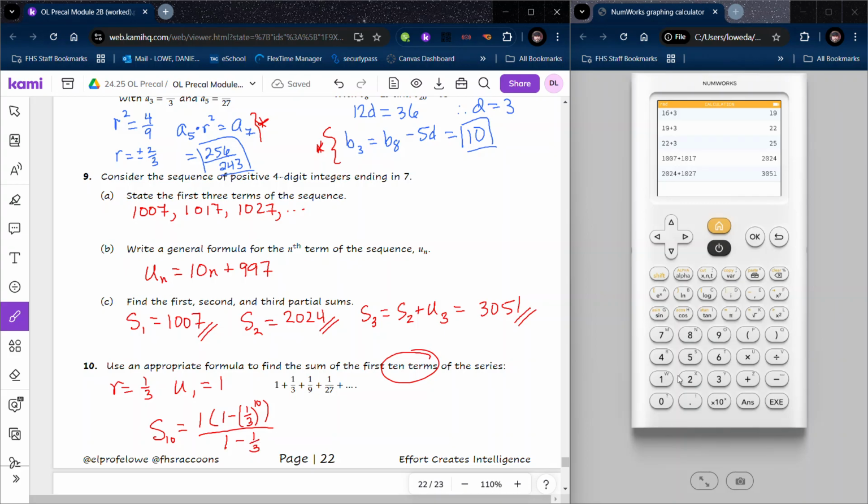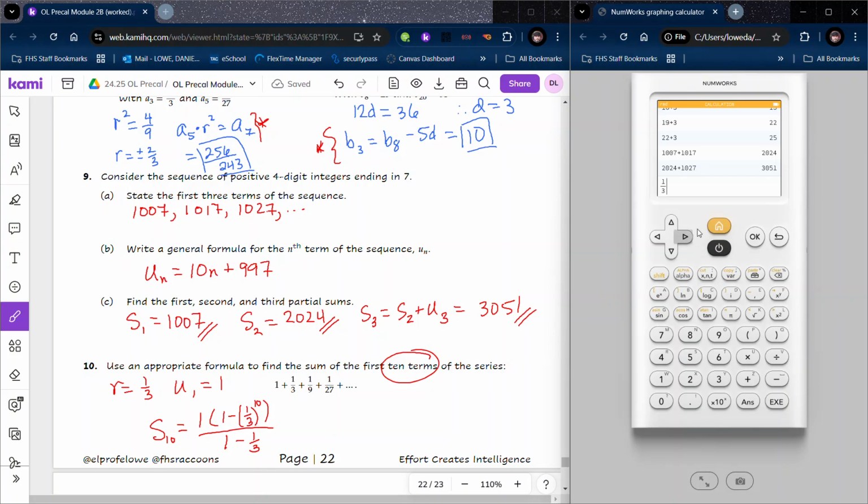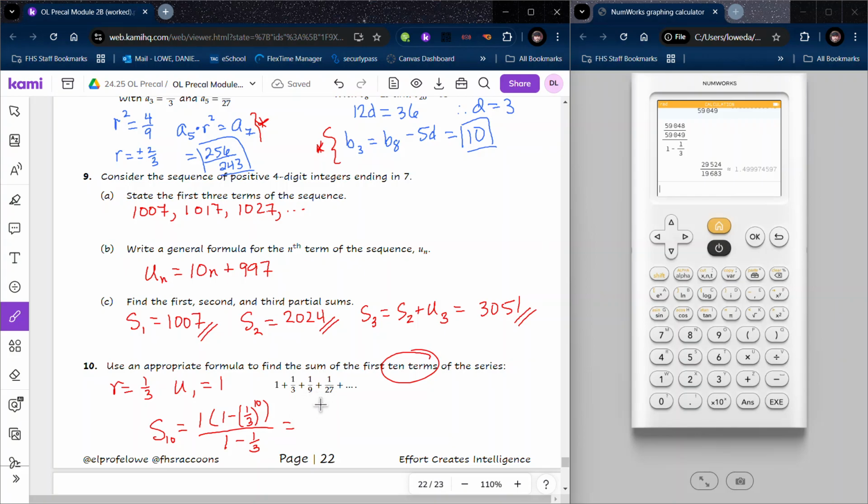So I'm going to have 1/3 raised to the 10th power, 1 minus that number, divided by 1 minus 1/3. That gives me my summation, which is 29,524 over 19,683, approximately 1.49997, so almost 2.